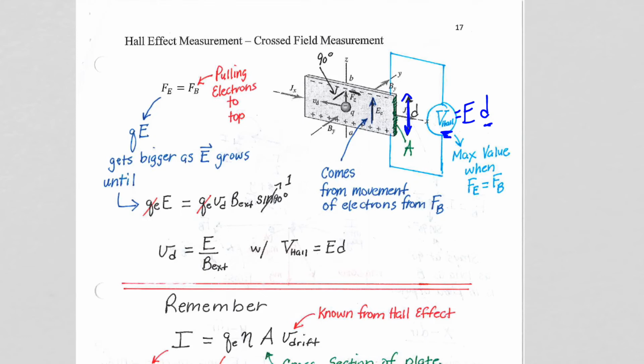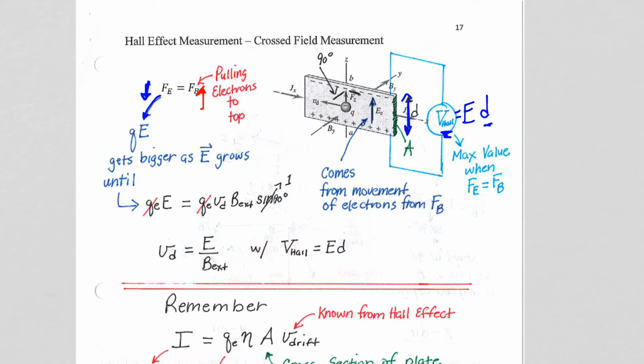At that point, the pull of the electrons to the top, by qv cross B, and the Hall voltage electric field, which notice the electrons are going to want to be pulled down by, F equals qE, when those two equal each other, the Hall voltage has maxed out.